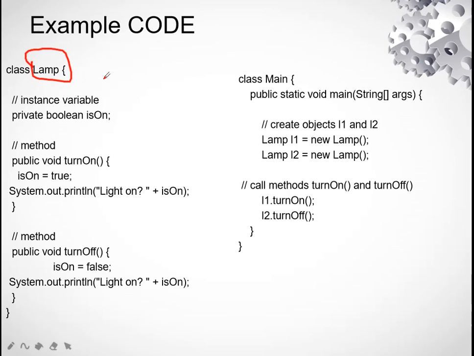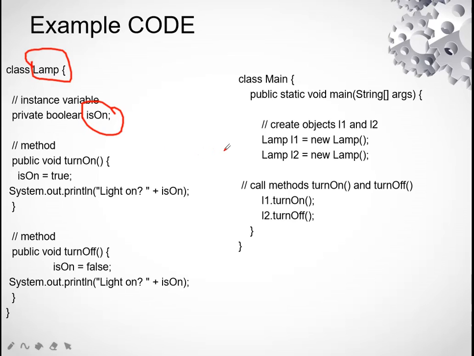This class Lamp has a property of a boolean type, which is on, whether it is on or whether it is off. We just wanted to check it. So here I have made one instance variable, that is isOn.